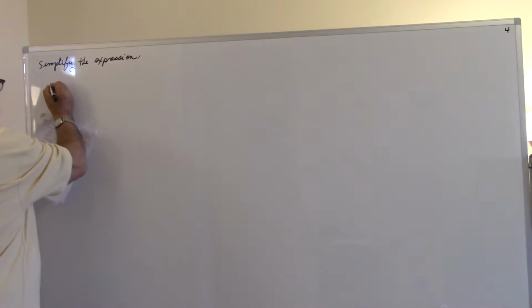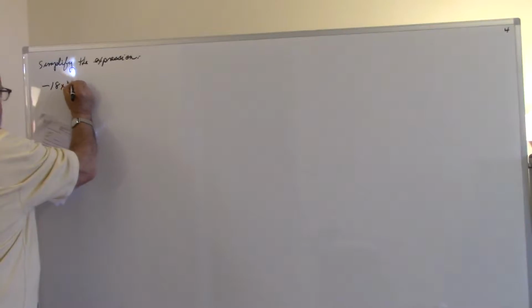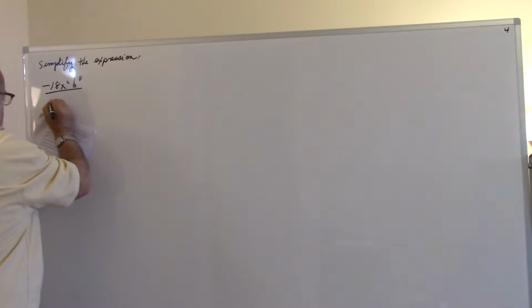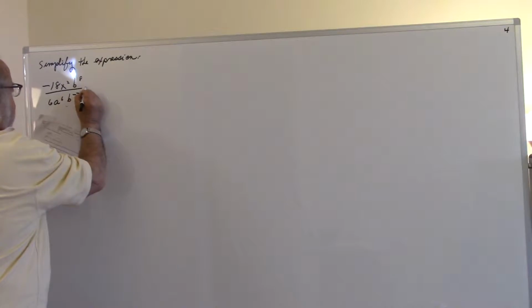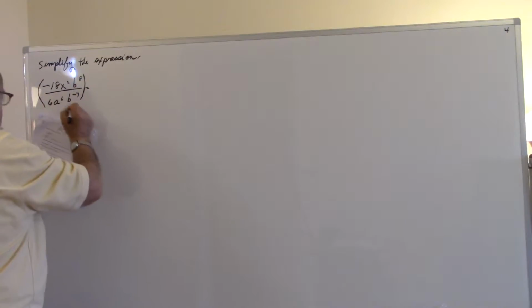We have minus 18x squared b to the 8th over 6a to the 6th b, negative 7, to the 3rd power. Okay, what we're first going to do is simplify this here.